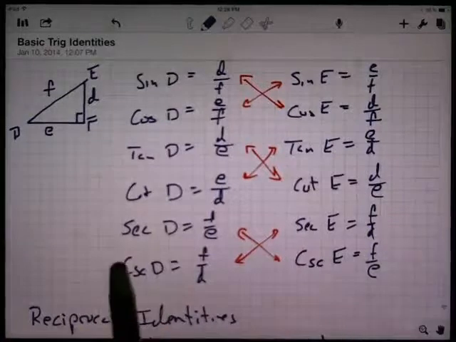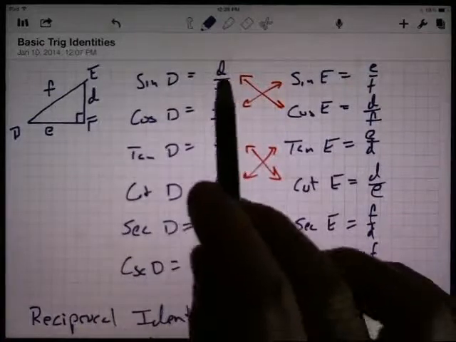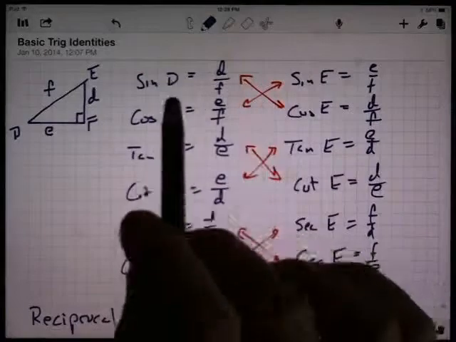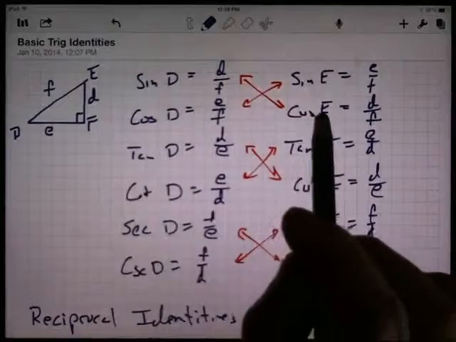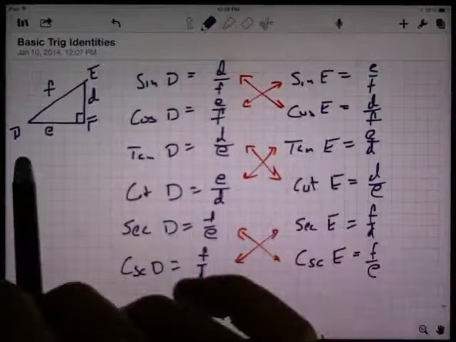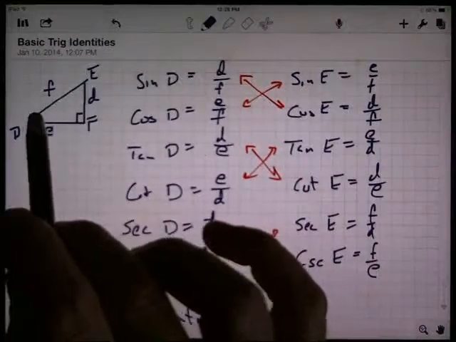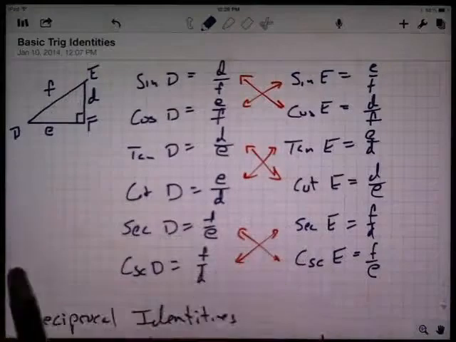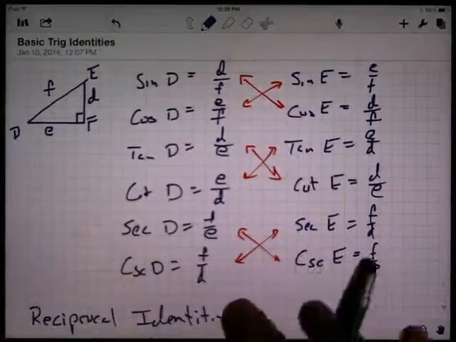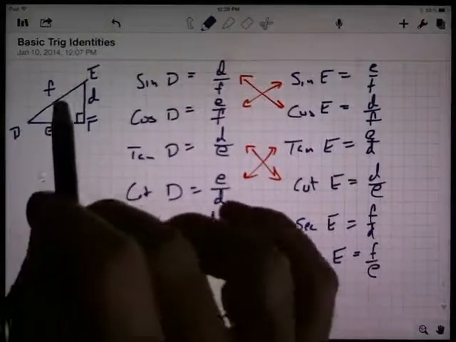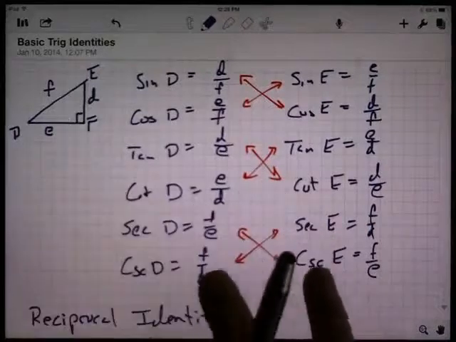Okay. How am I going to write that as an identity? Let's look at this first one. The sine of one angle is the cosine of the other one. Well, one of the things we noticed earlier is that the two acute angles in a right triangle are complementary angles. They add up to 90 degrees. So if you know one of them, you get the other one by 90 degrees minus that.